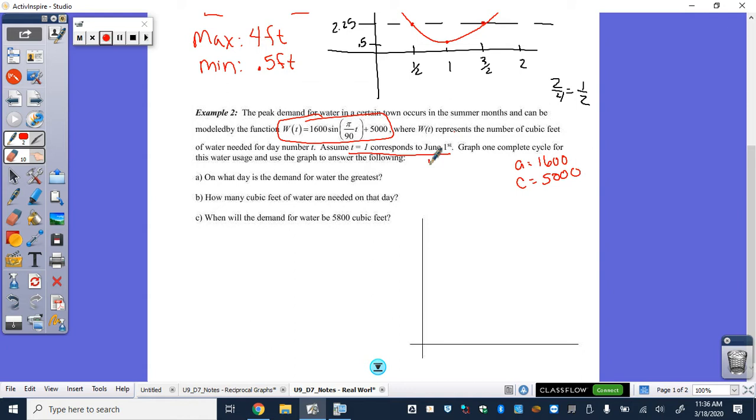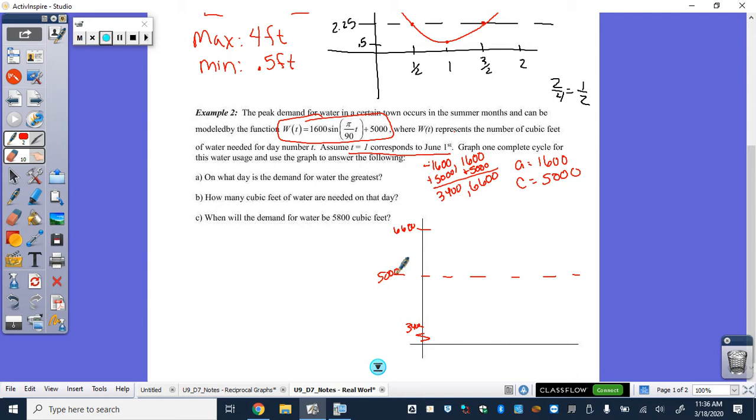So my range, negative 1600, positive 1600, plus 5000, plus 5000, 6600, and this one is 3400. I'll have to put a break in my graph. 3400, 6600. Right in the middle of that, my 5000.